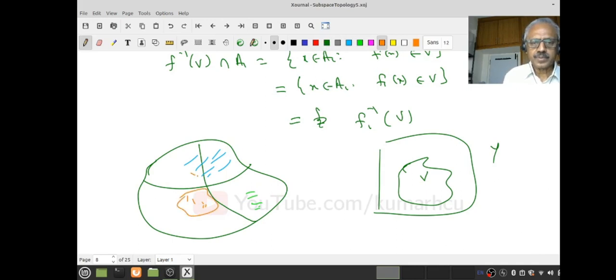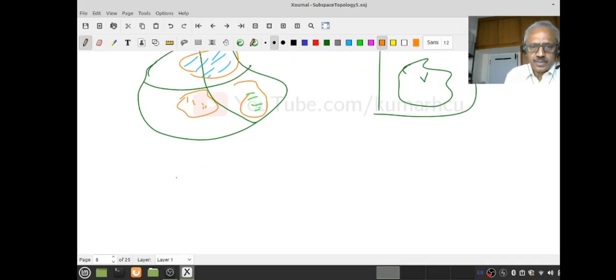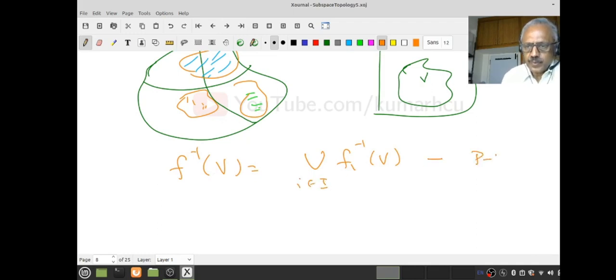So these may be the ones which constitute f inverse of V. You follow that? Therefore, I have f inverse of V is nothing other than the union of f_i inverse of V as i varies over I. Pause. Review. Proceed.